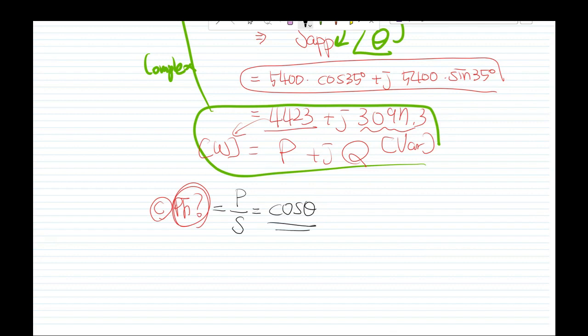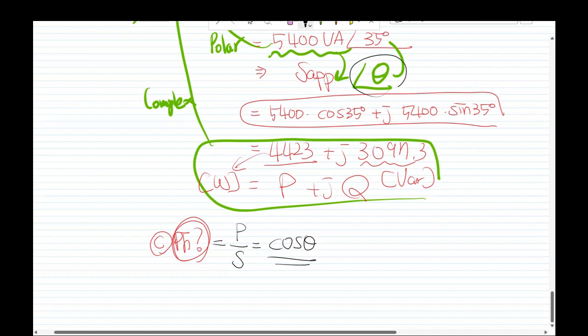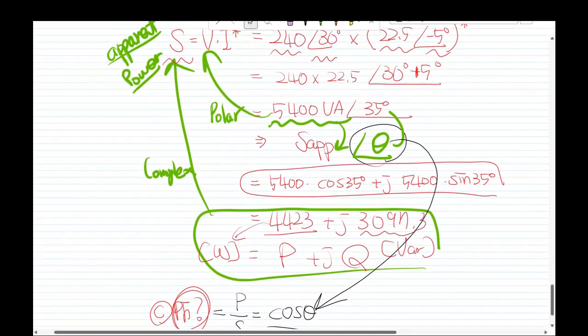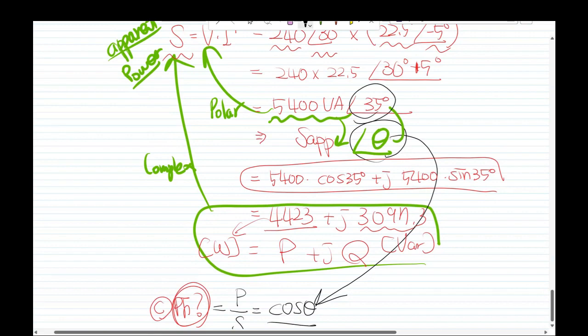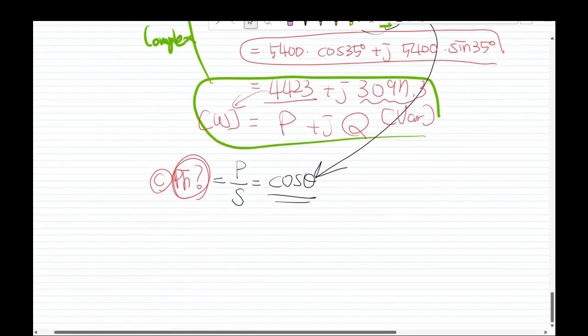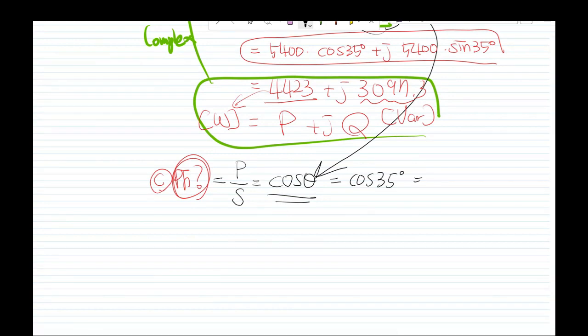It was easier. Why? Because the theta is what? The theta is the 35. So the power factor is cosine 35, so that was 0.819. Okay? 0.819.